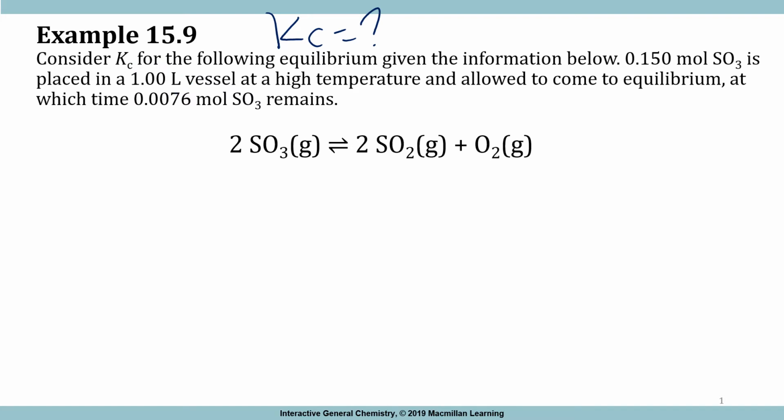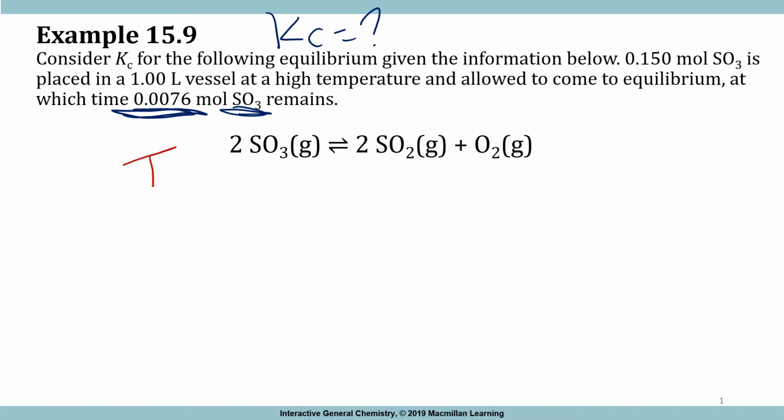And then it's allowed to come to equilibrium, and at equilibrium the concentration of SO3 is 0.0076. Okay. We're going to have to do an ICE chart because we have initial concentrations, and in order to find the equilibrium constant, we need equilibrium concentrations. Okay, let's set up our ICE chart.